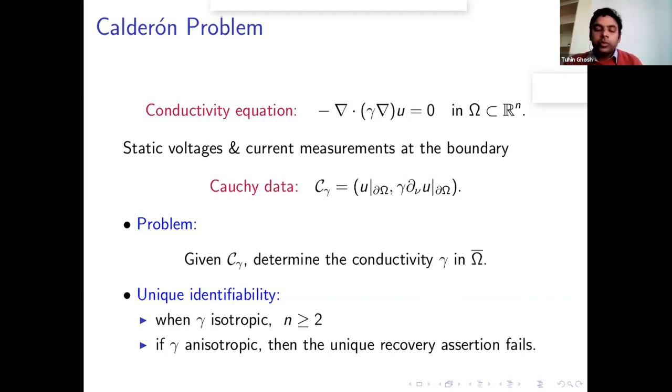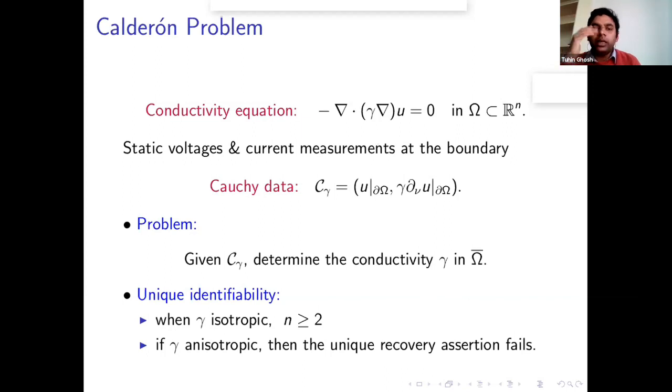This problem is posed for just L infinity data. For 2 dimensions, it is known. For 3 and higher dimensions, it's still not known. However, if you consider the anisotropic matrix, that means it depends on the directions.